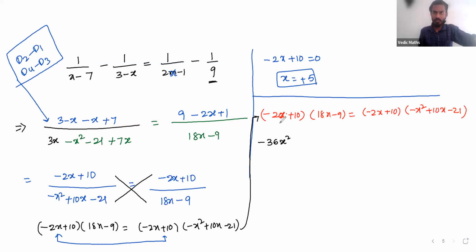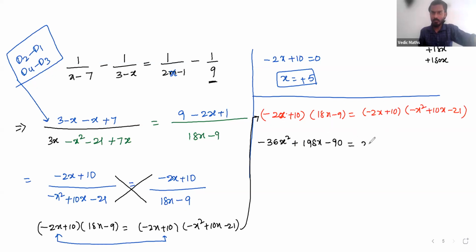And the next one here it will be plus 18x plus 180x, so that is plus 198x minus 90. Got it? Correct? Yeah, that's great.